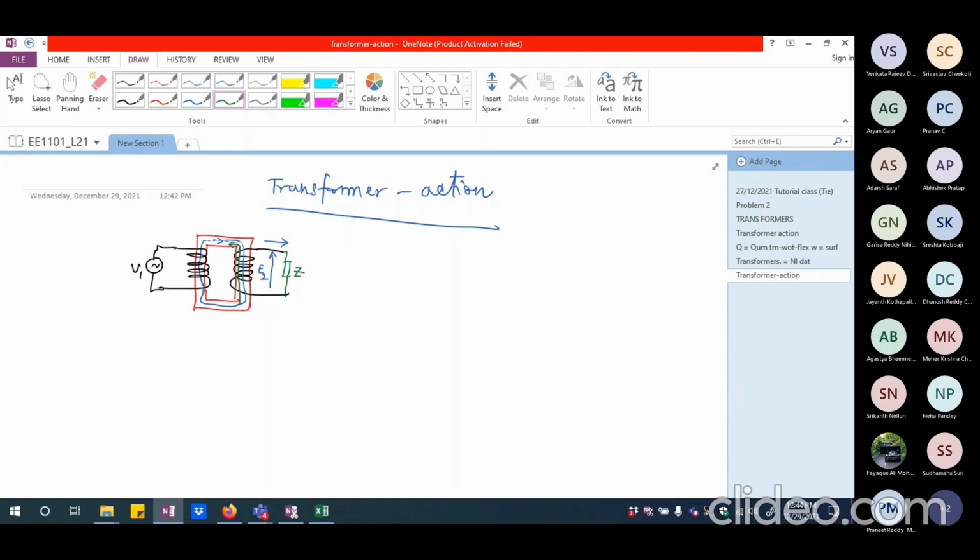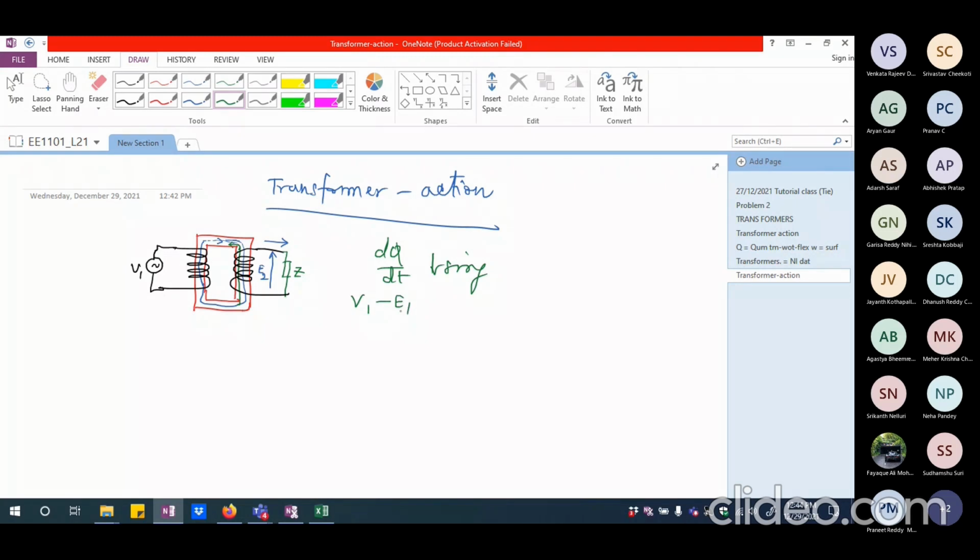If the original flux is even decreasing slightly, then immediately d phi by dt is going to decrease. Because this decreases, there will be a difference between V1 and E1.